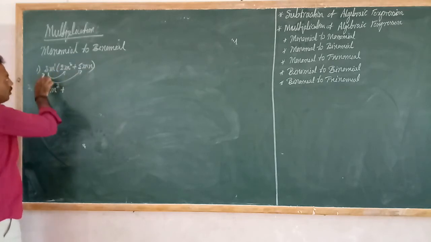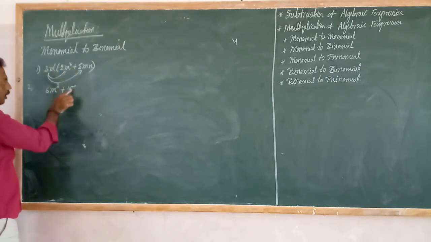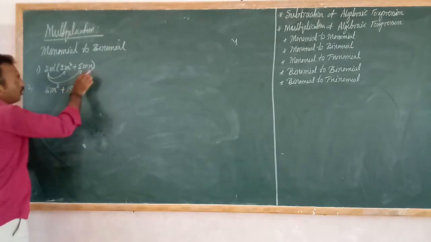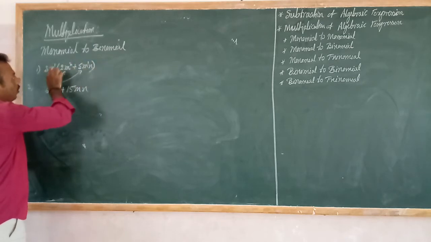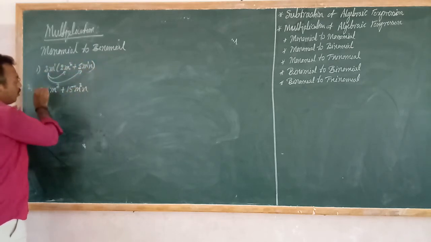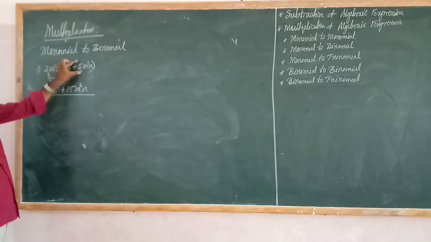So then plus 3 5s are 15. After number multiplication, we go to variable multiplication. Here m term is there and here n term is there. So m power 1 into m power 1 becomes m square. N is as it is. Therefore 6m cube plus 15m square n. So this is the monomial to the binomial.